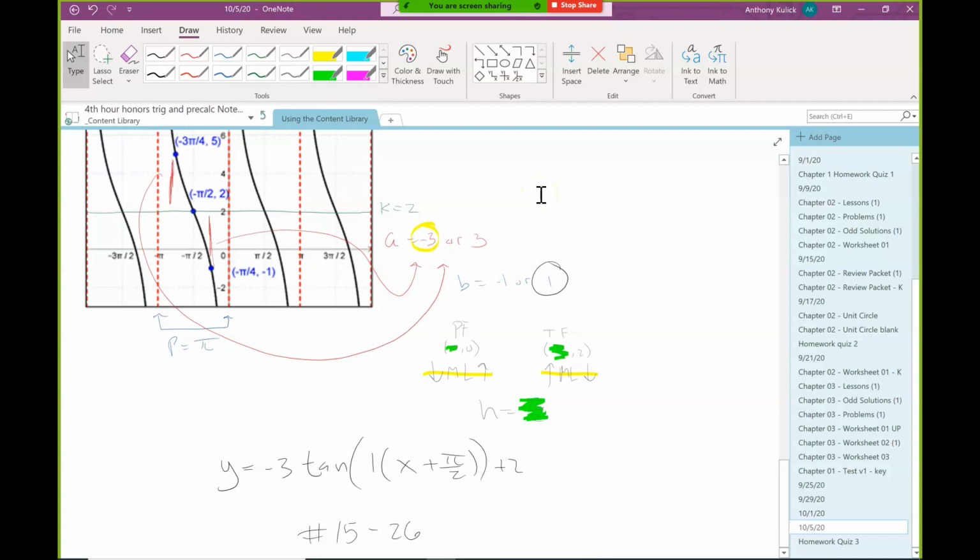So if you open up your content library and you look at the bottom, you should see something that says Homework Quiz 3. If you can't see that, try resyncing and it should pop in there. I just synced mine.